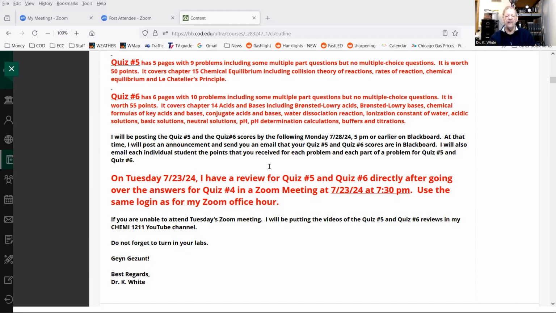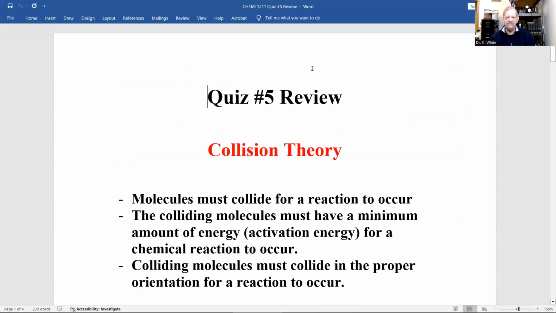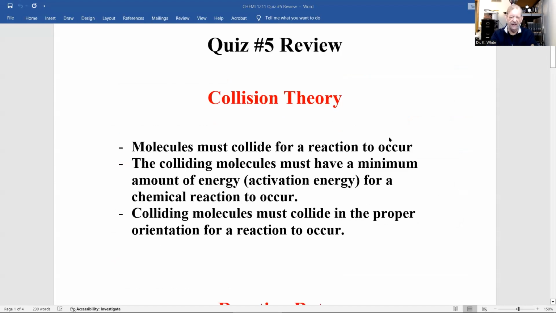Let's do quiz number 5 review. The first thing I talked about was the collision theory, and you should know the important parts of it. In order for a chemical reaction to occur, such as A plus B makes C, first of all, the molecules A and B have to collide.